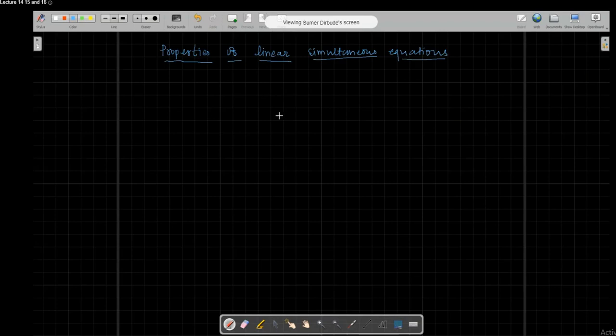So let us say we have this system of equations: a1x plus a2y equals b1, and c1x plus c2y equals b2.